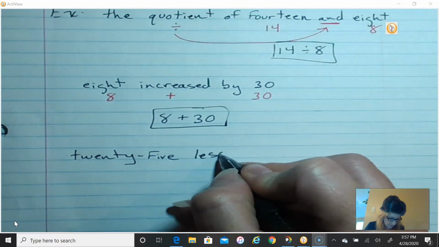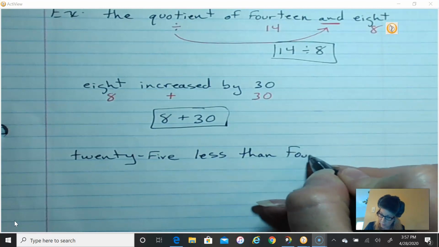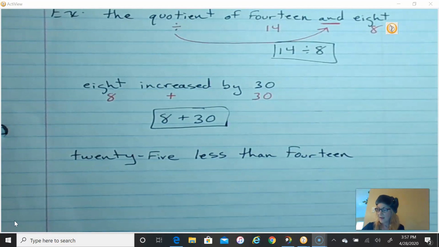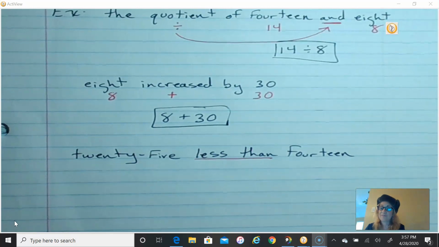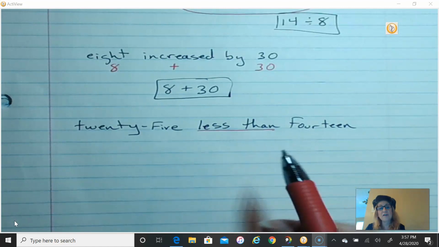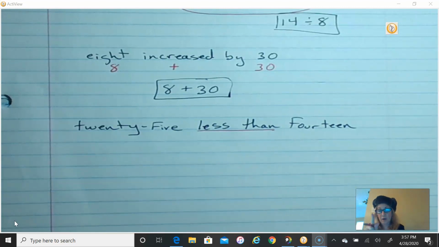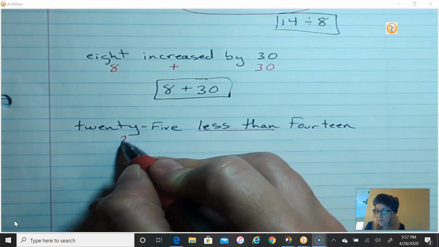25 less than 14. Uh-oh. Less than. Red flag words. I'm not an English teacher. Less than, those are your red flag words. So, remember what I told you. I'm going to write right here 25.